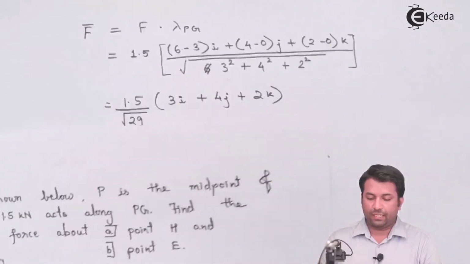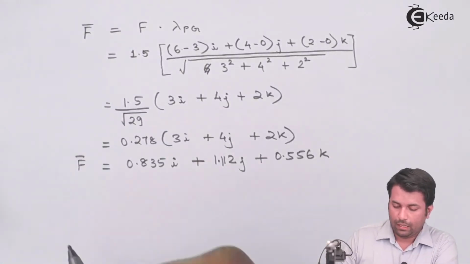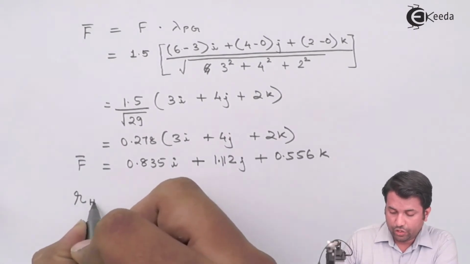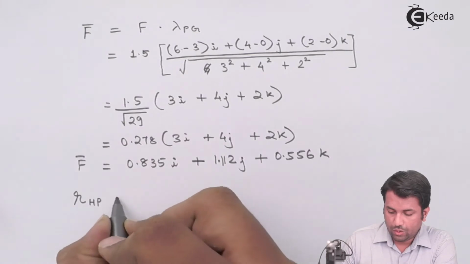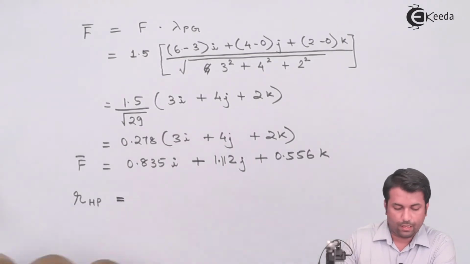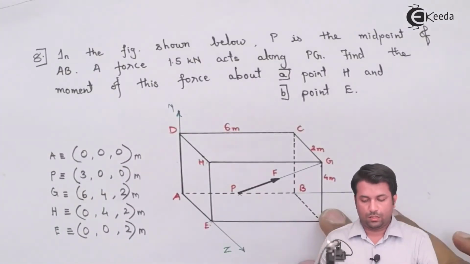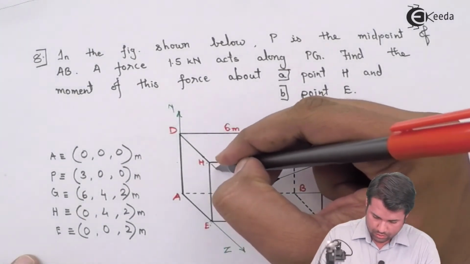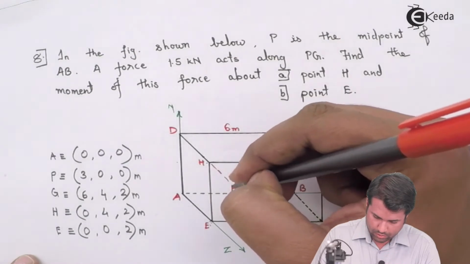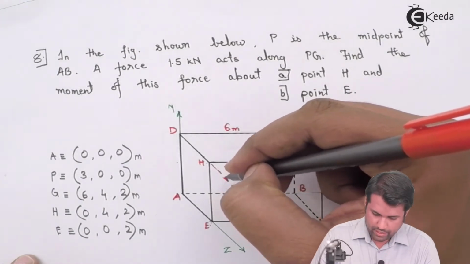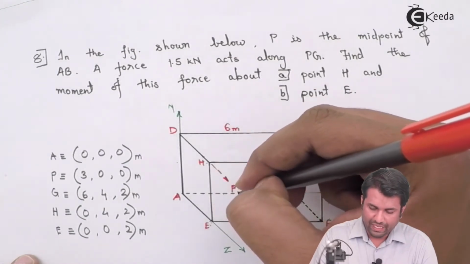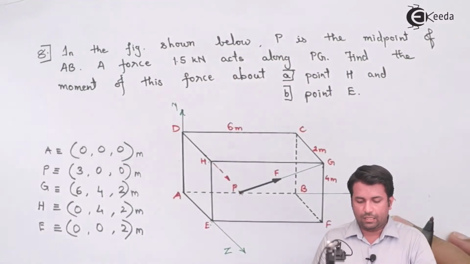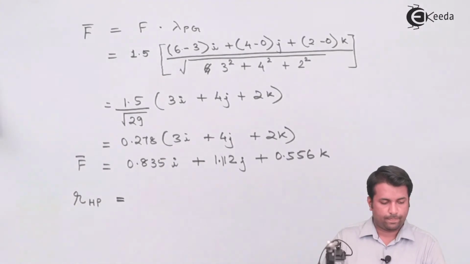So the position vector, I'm taking it as R, is HP. It will be going from H to P, so I need to subtract it as P minus H.